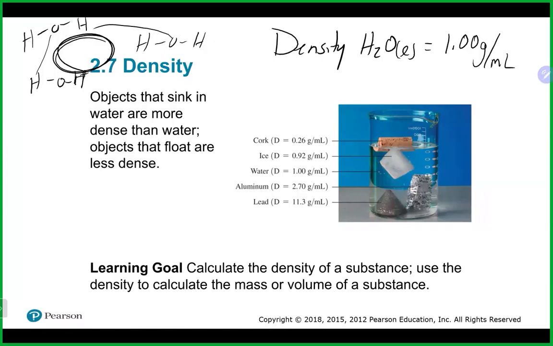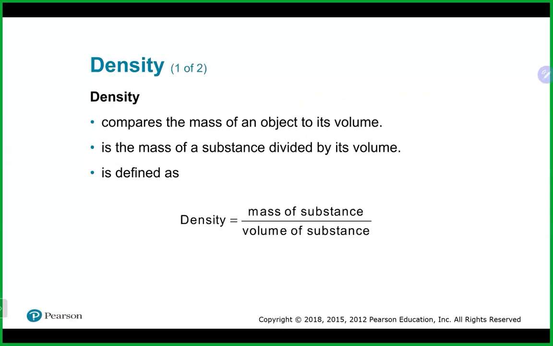And that lowers the density of ice. Again, that's a very unusual property. Usually it's the opposite: you're more dense in your solid state than in your liquid state. So you see there some pieces of aluminum and lead are more dense than liquid water, so they sink, while the ice is floating. The formula for density is D is equal to M over V.